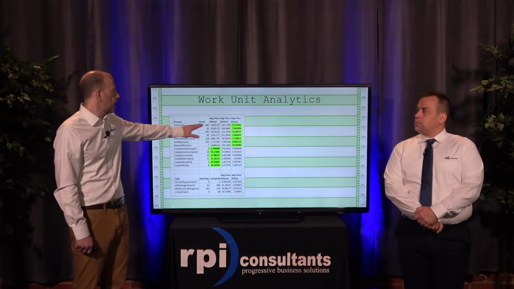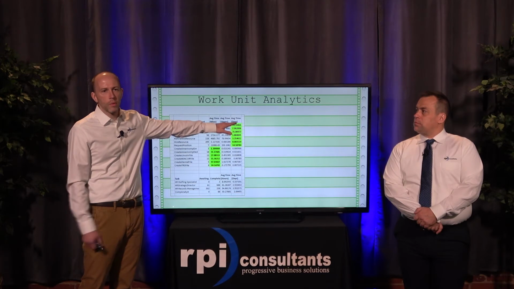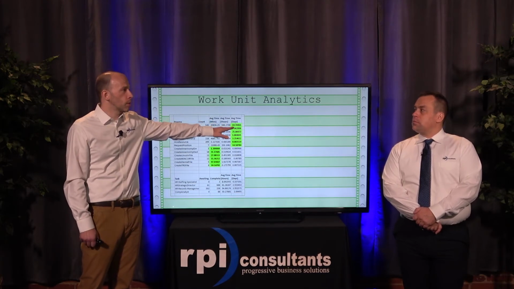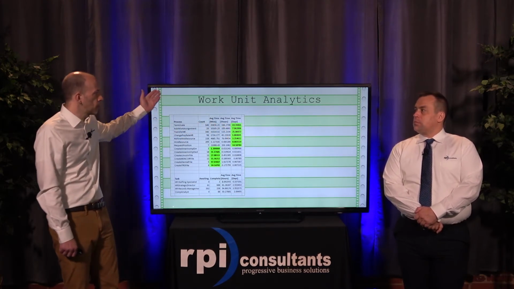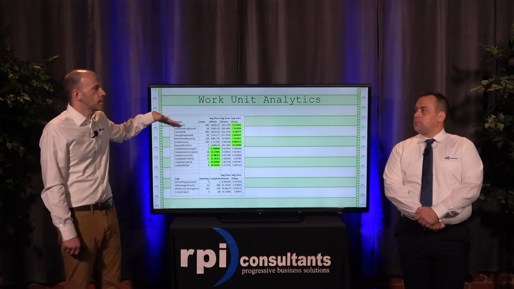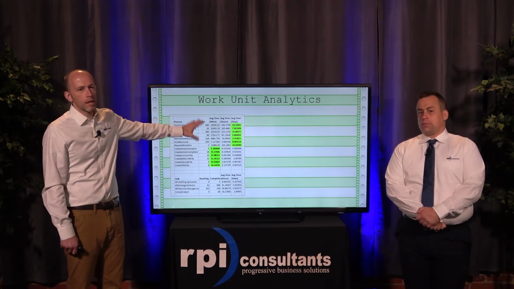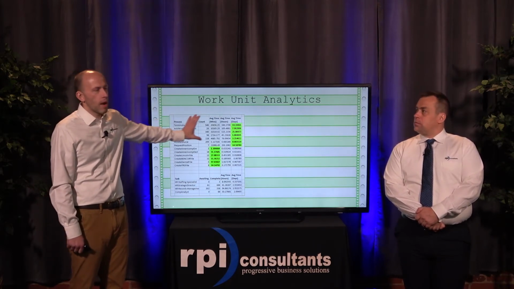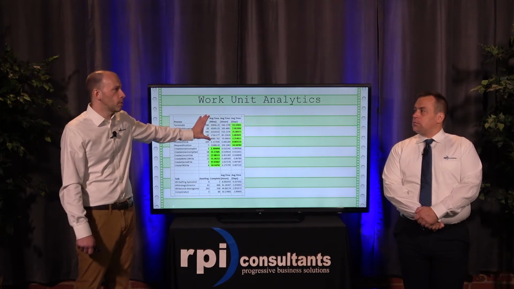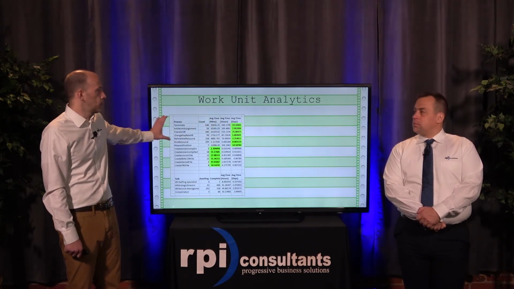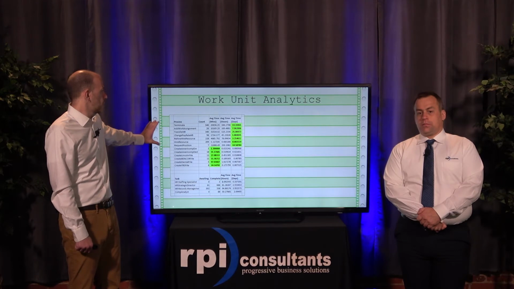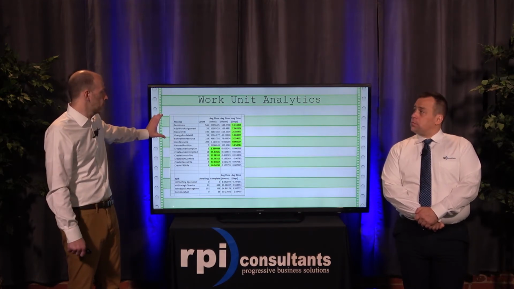I see that on average it takes about 14 days to process a termination request. That allows me to see where my bottlenecks are in my system, and what process improvements we can build into our processes to improve efficiency and make our system work better for us.